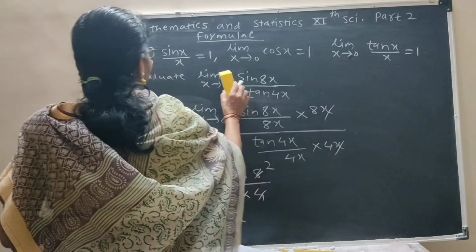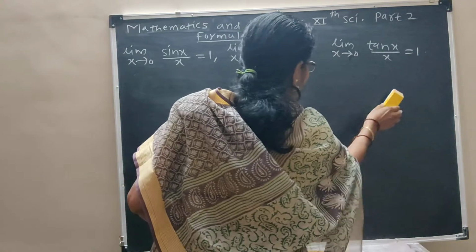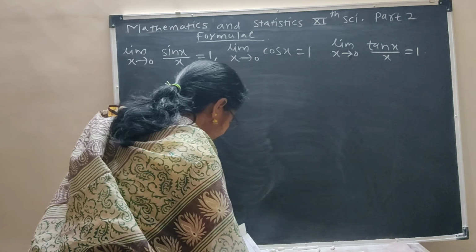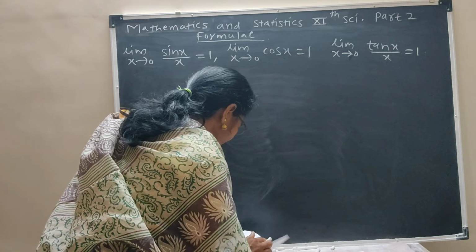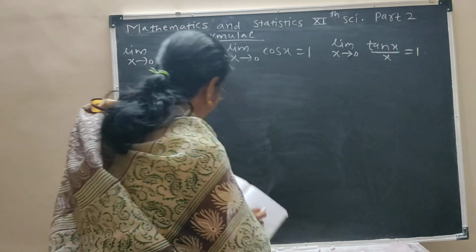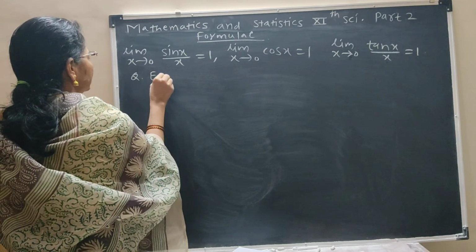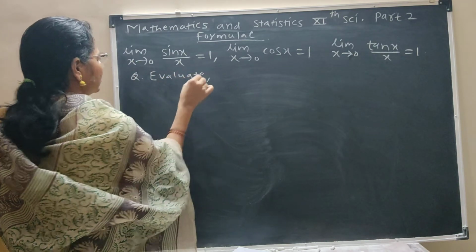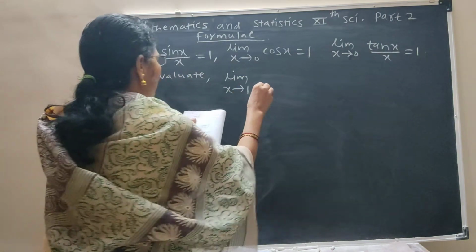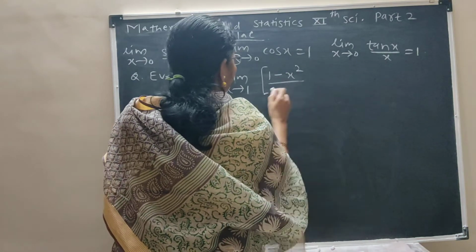Next is a question. Evaluate the limit as x tends to 1 of (1 minus x square) upon sin pi x.